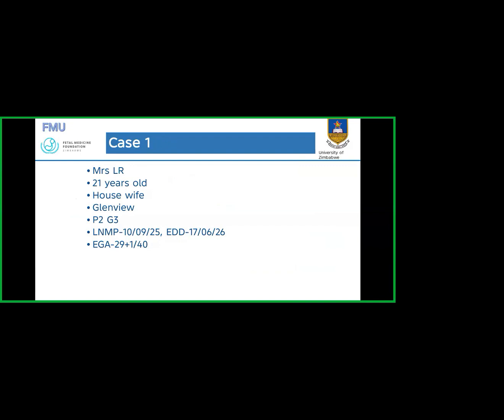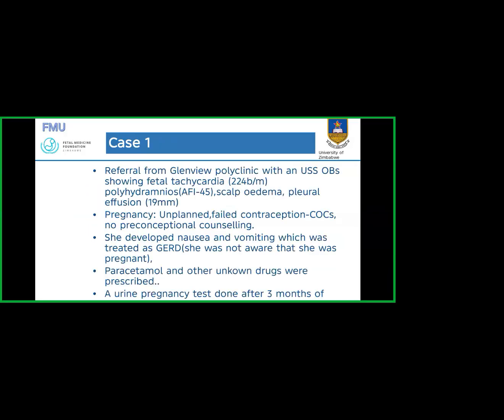She was para 2 gravida 3 at the time of presentation at an EGA of 29 plus 1 weeks. She came in as a referral from Glenview Polyclinic with an ultrasound scan showing a fetal tachycardia of 224 beats per minute, associated with polyhydramnios with an amniotic fluid index of 45, scalp edema, and pleural effusion of 19 millimeters.